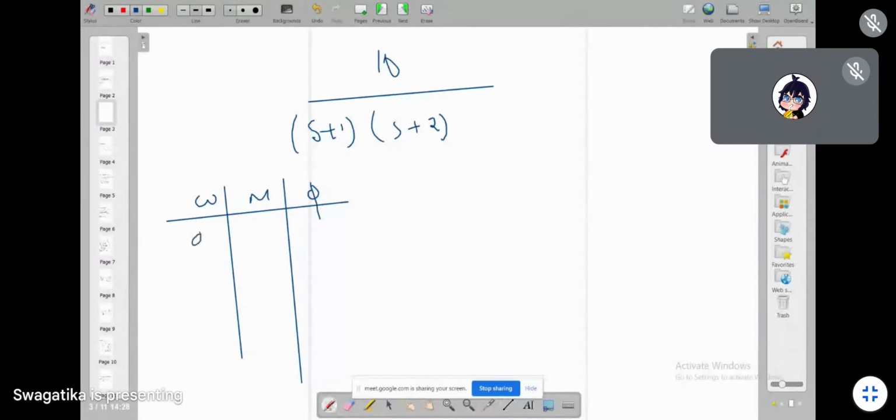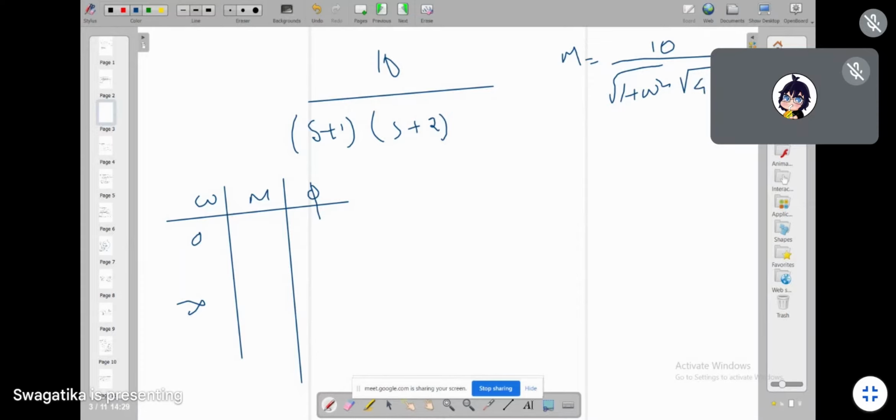Quickly. Magnitude will be 10 divided by, it is 1 plus j omega. 1 plus j omega means root over of 1 plus omega square, then root over of 4 plus omega square.